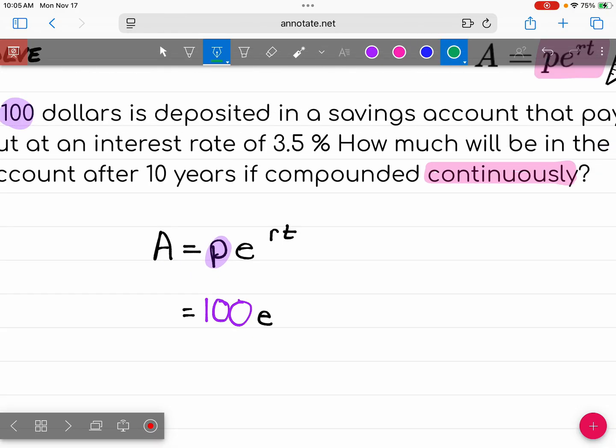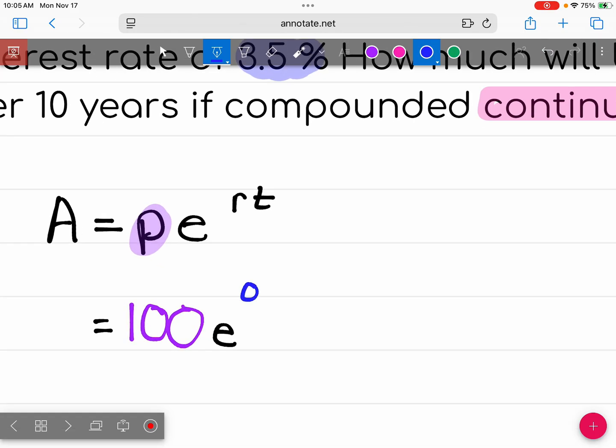What else do we know? Our rate. What's our rate? 0.035. 3.5% per 100. 3.5 divided by 100 gives us our decimal, 0.035.